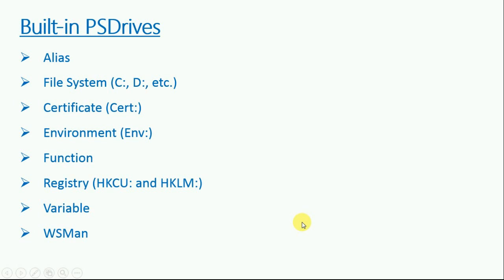And here you can see the list which is already available inbuilt in PowerShell. So what are all those? We have alias, we have file system drives which include C drive, D drive, or any network drive connected with PowerShell.